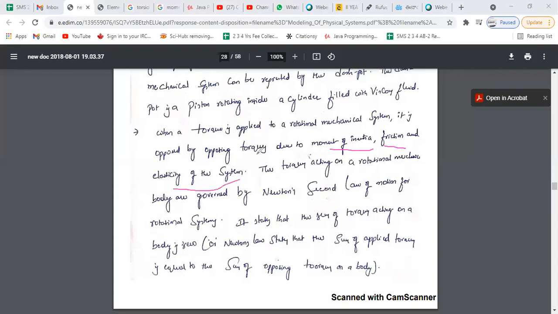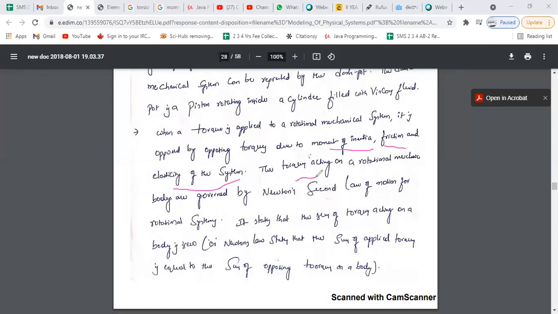Similarly, in the translational system, when a force is applied, it is opposed by the opposing forces due to mass, dashpot and the spring. Similarly, when a torque is applied to the rotational system, it is opposed by the opposing torques, which are due to the moment of inertia of the body, the rotational friction in the body, and the elasticity of the system. Right?